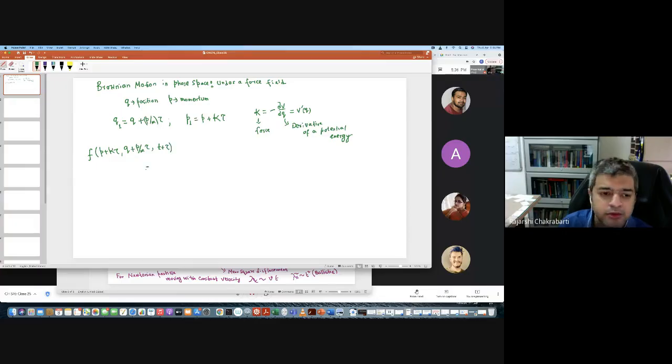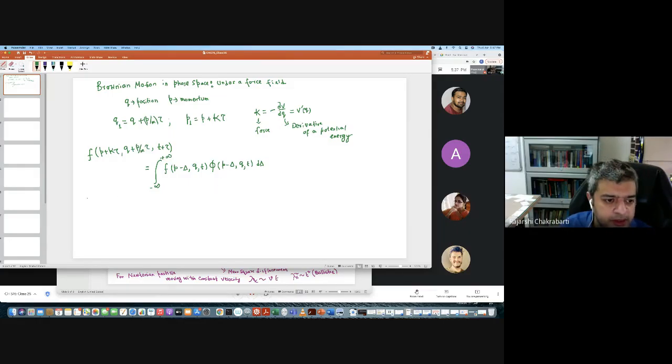You know the rule that this is given by the integral of the same function, with momentum p minus delta, because it is jumping in momentum space, position q, time t. This is again the jump probability, and you integrate over all the possibilities of delta.